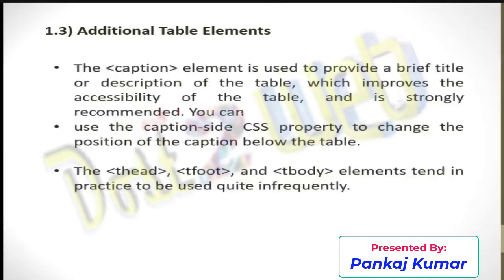Next. Now we have a few additional elements. Let's talk about those. So the first one is the caption. What is the caption? Suppose you want to define a caption. Then you are going to use the caption tag in HTML, and this element will be used to provide a brief title or description of the table.